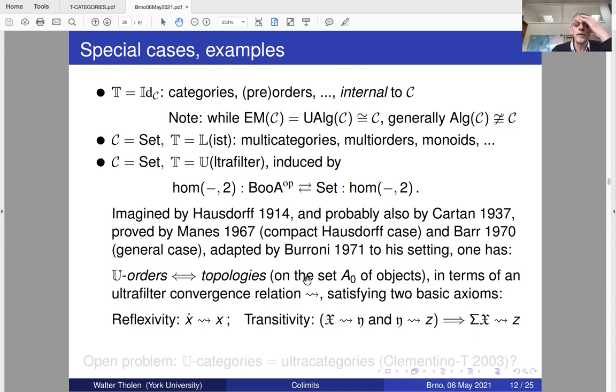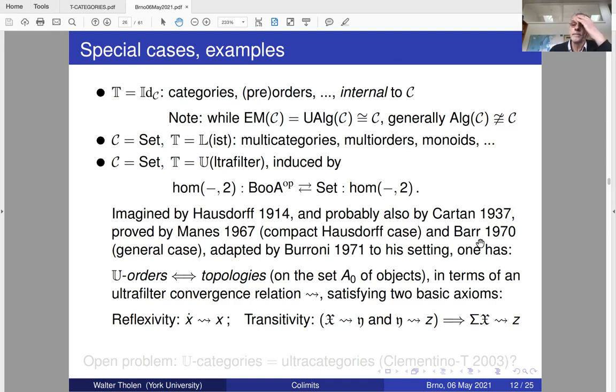Before explaining the reflexivity and transitivity, let me just note the following. We all know that Manes was the first, in his dissertation, to observe that compact Hausdorff spaces are algebraic, in the sense that every ultrafilter converges to one point and this map satisfies the ultrafilter algebra axioms.